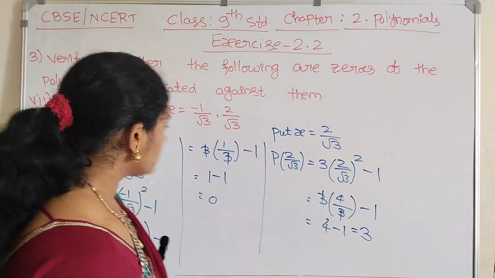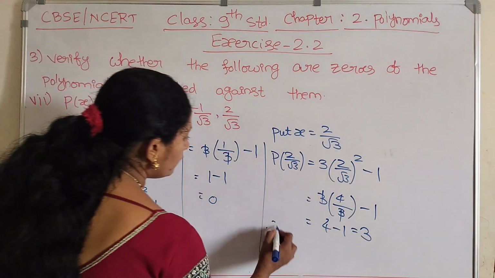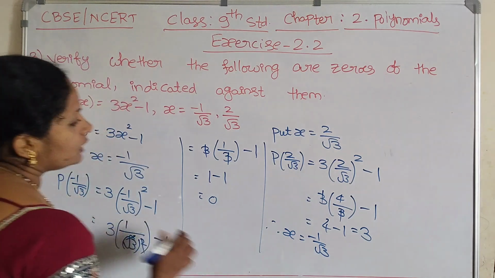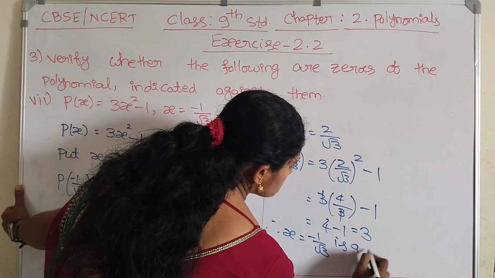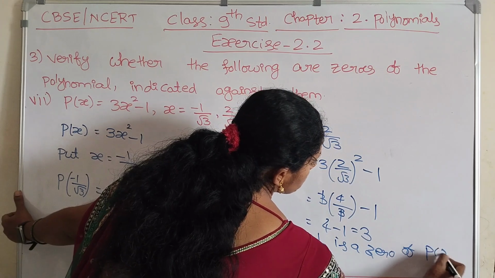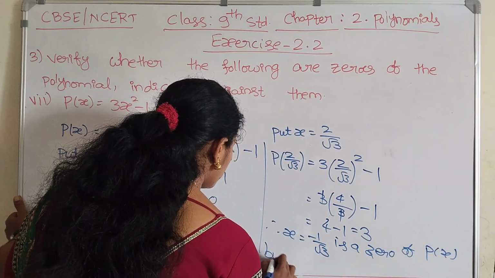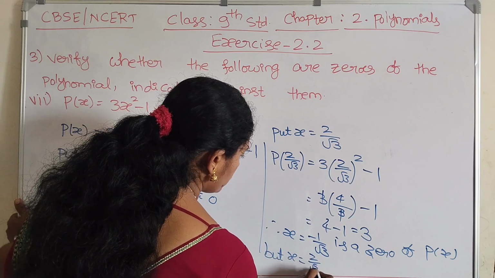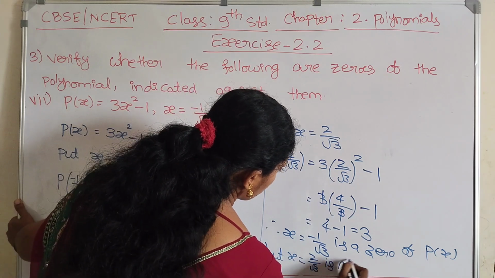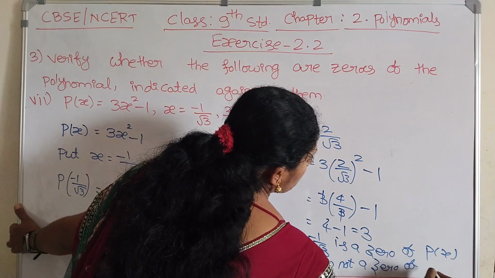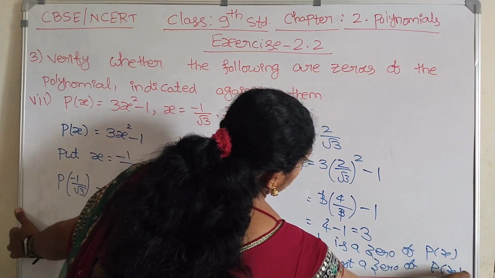No. Therefore, x is equal to minus 1 by root 3 is a 0 of P of x, but x is equal to 2 by root 3 is not a 0 of the given P of x.